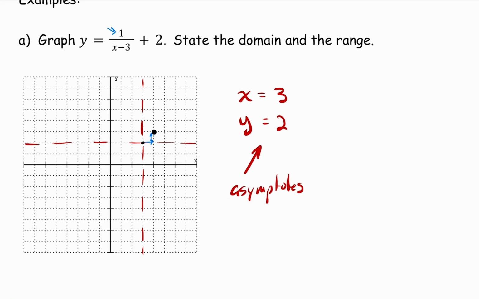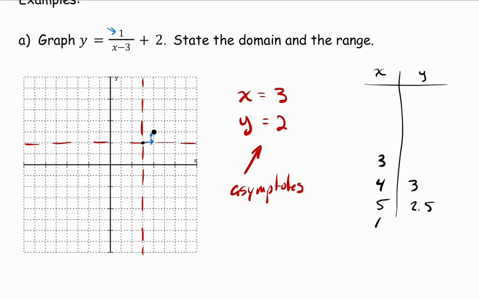So again, we could do a table of values, and you could put this into a calculator, x, and here's your y. Here's 3, which is our x, our vertical asymptote. If we plug in a 4, we would get 3. If we plug in a 5, we would get 2.5.